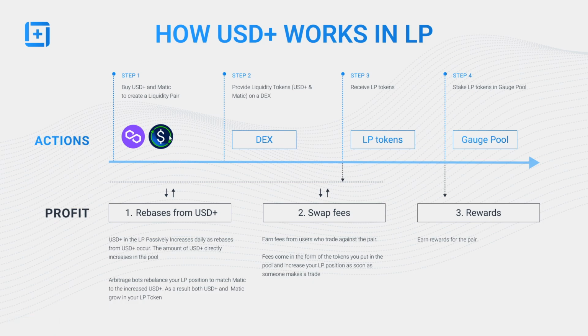So let's say you have a bit more USD Plus in your LP or in your liquidity pool. The arbitrage bots are going to sell a bit of that USD Plus in order to buy more of the Matic token, or whichever other token that's paired with USD Plus, in order to maintain the 50% of both tokens.